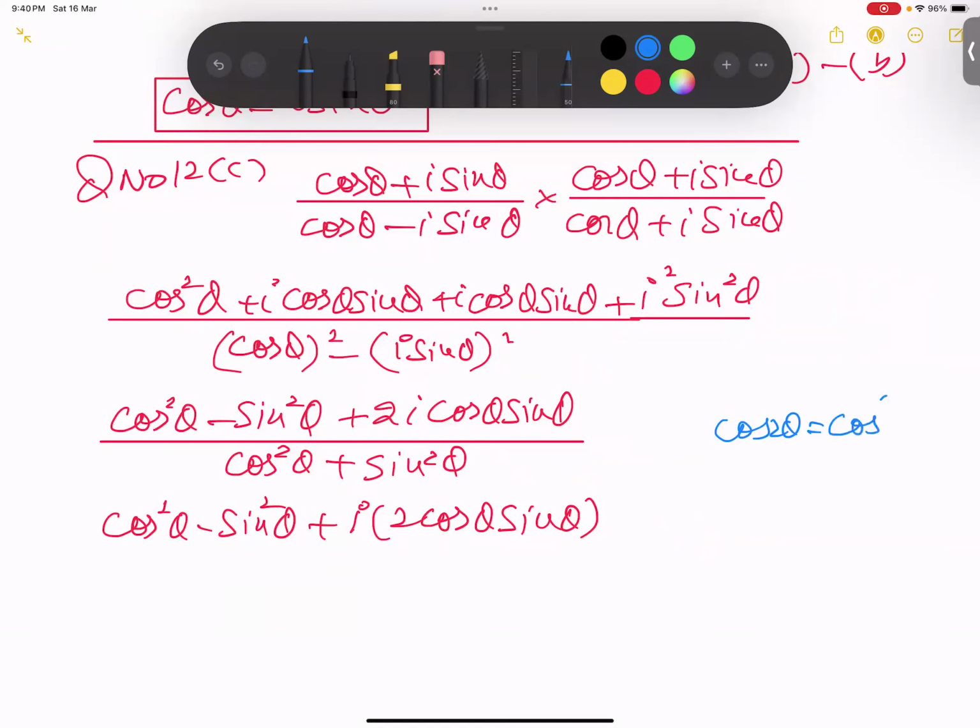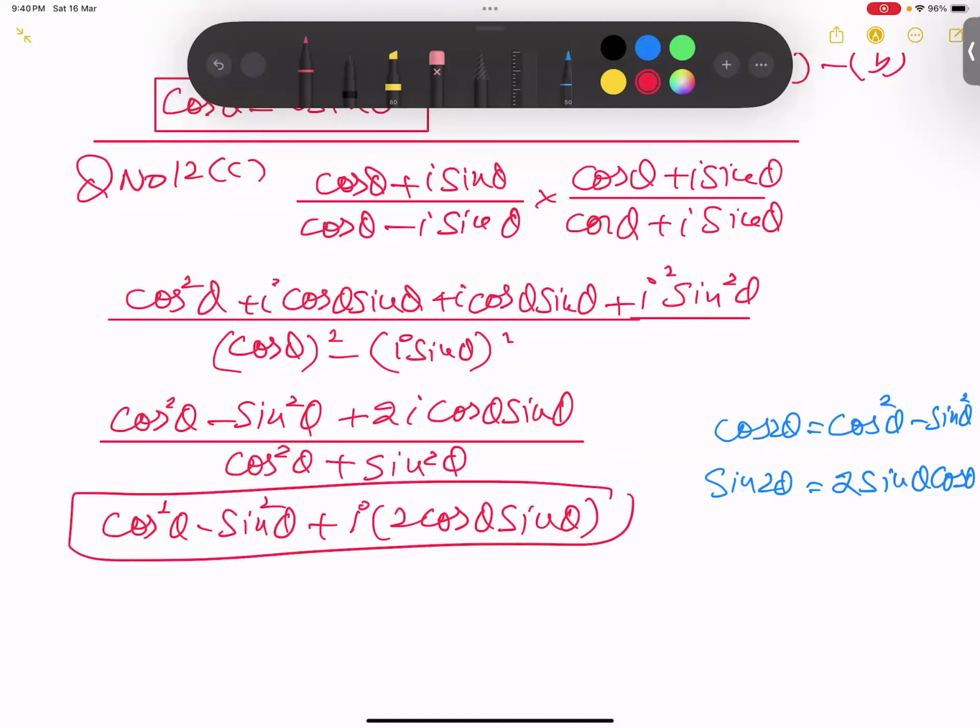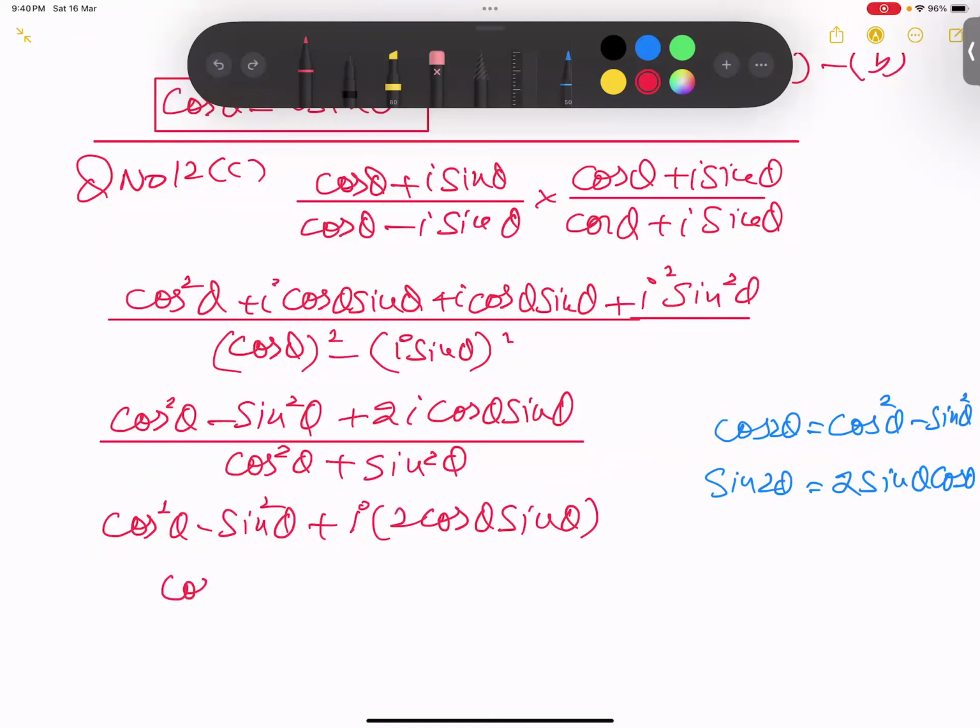The first formula is cos square theta minus sine square theta. Same approach, sine double theta has another formula, that is 2 sine theta cos theta. So does this match or not? It matches, so it will come here. Does this match or not? Yes, it matches, so it will come here. So the final form, if you leave it here, full marks, no problem at all. Otherwise cos double theta plus iota sine double theta.